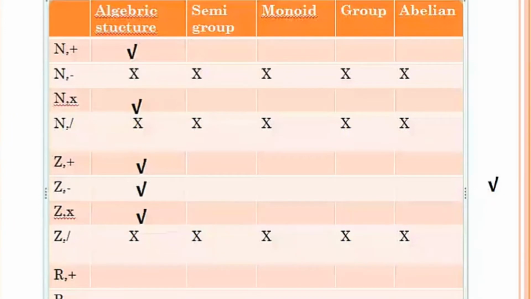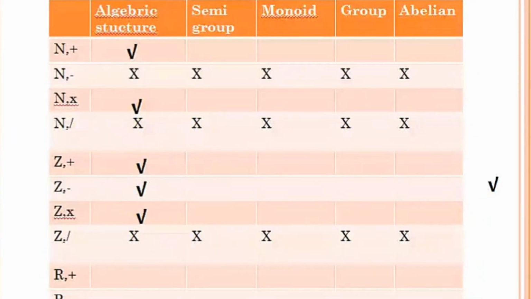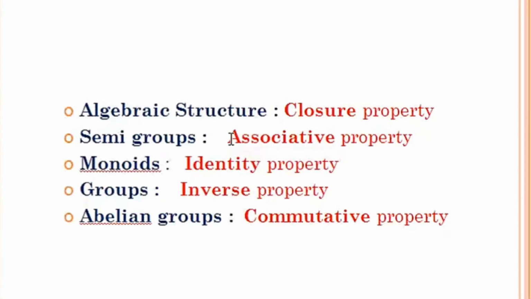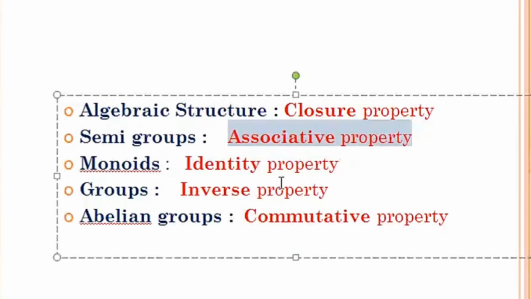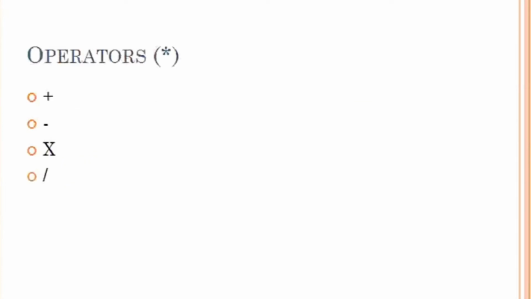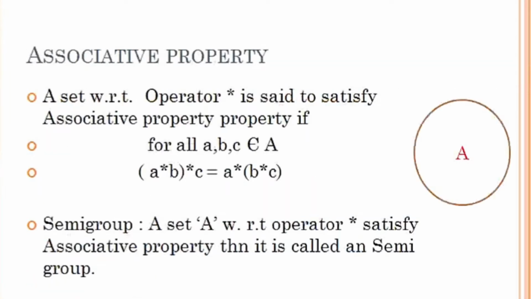So let's see what property a semi-group should satisfy. A semi-group says they should also satisfy the associative property. What is the associative property?